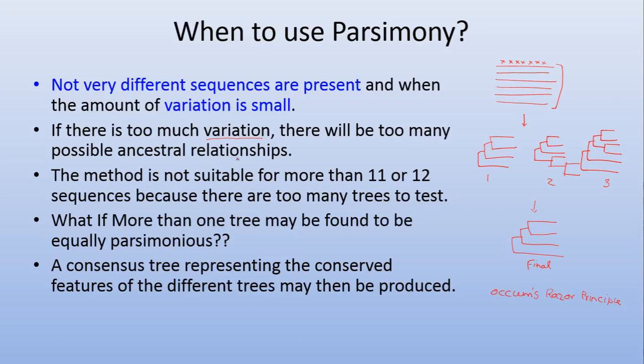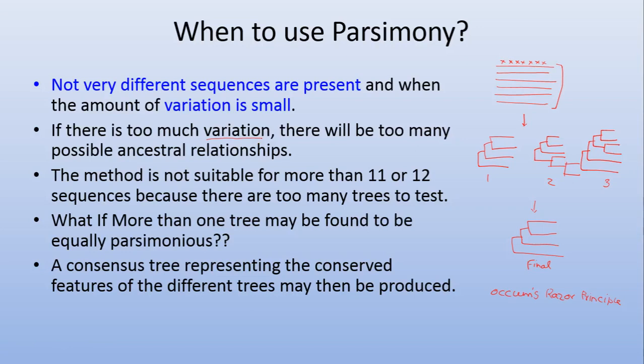That would make it very difficult for you to recognize which one is the most maximally parsimonious tree. Okay, so these are the features of the character-based method called maximum parsimony. So don't worry if you don't understand much of the principle behind this.